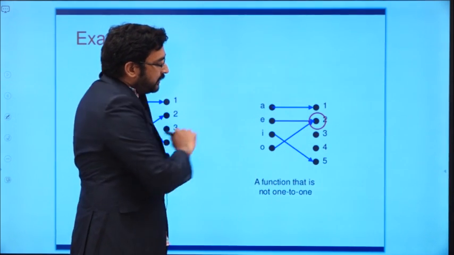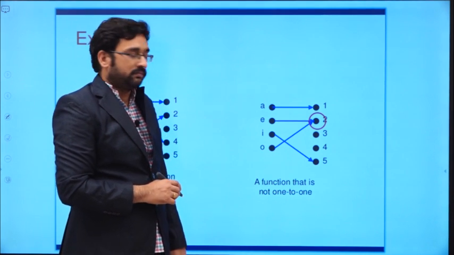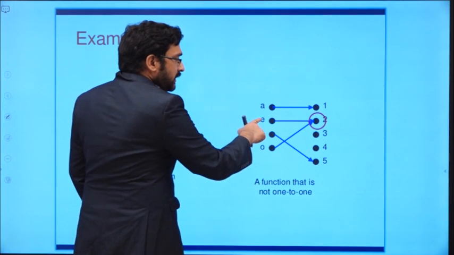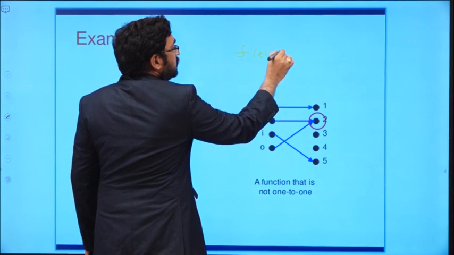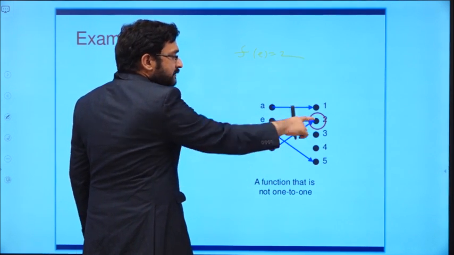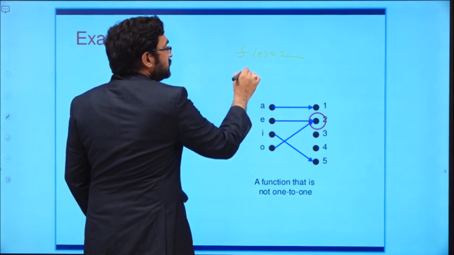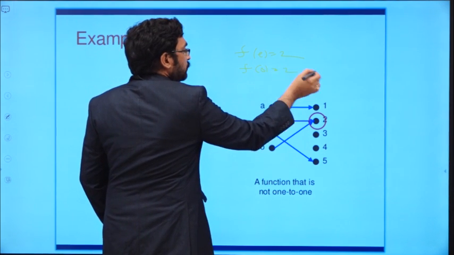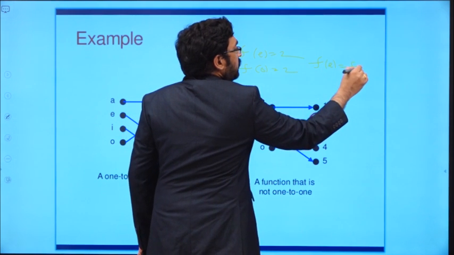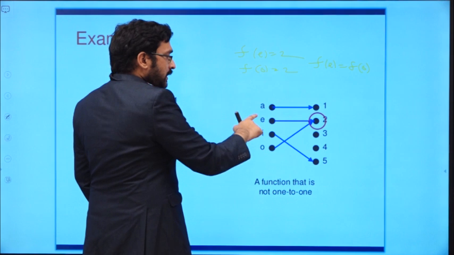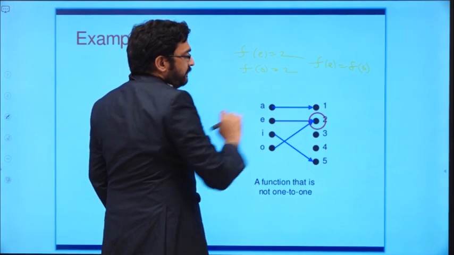Now if you observe this function, this is not 1 to 1 because here E is mapped to 2. That means f of E equals 2. O is mapped to 2. That means f of O equals 2. So f of E equals f of O because E and O are mapped to the same element.